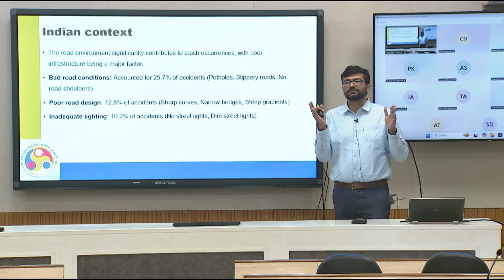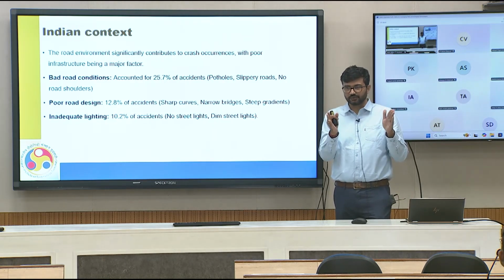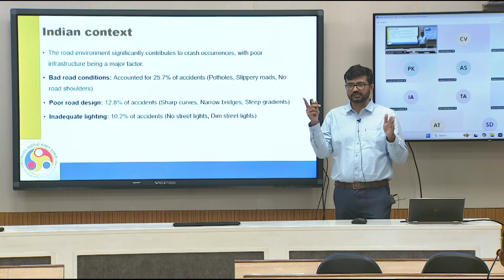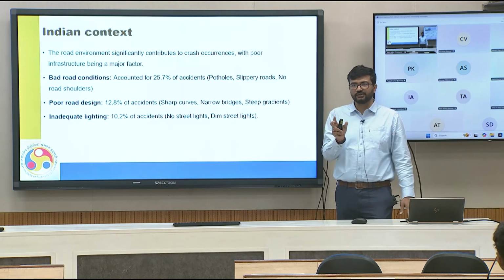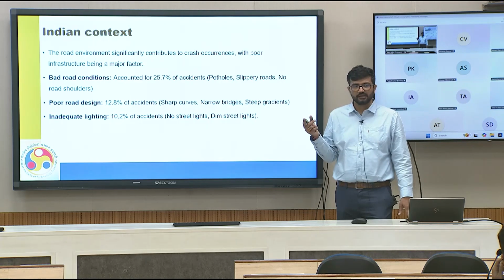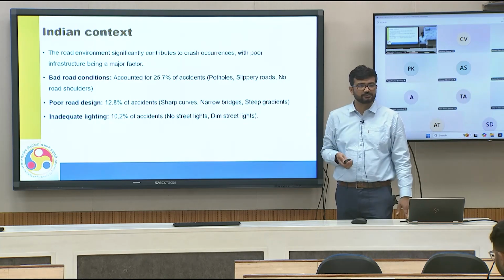Compare the number of vehicles on the road and the corresponding percentage of accidents during daytime with the percentage of vehicles that travel during night and the associated percentage of accidents, and you can see that there is a significant mismatch between these two.